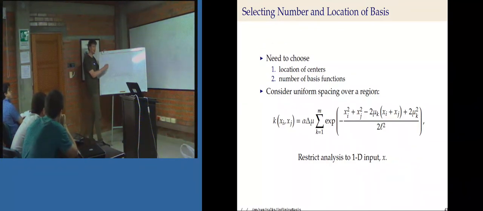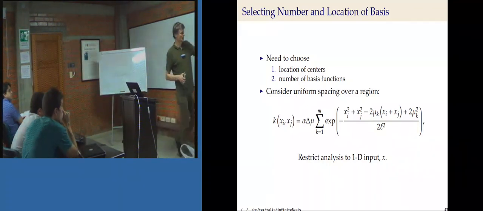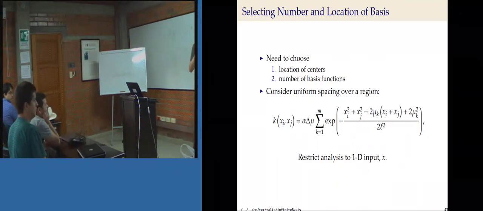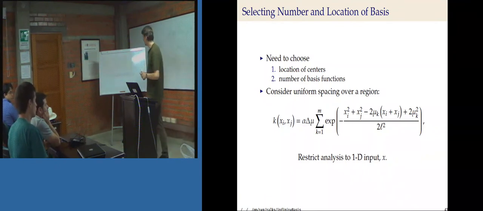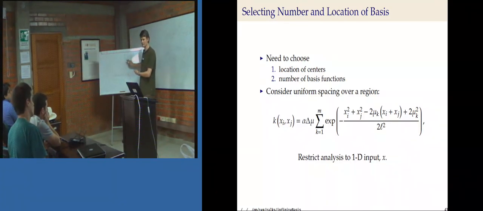Because once we've got the model in this form, we can take the limit as delta mu, the gap between the basis functions, goes to 0, and increase the number of basis functions. But we actually have to scale by delta mu at the front, because if we keep on adding basis functions, this effect here, which we saw the other way around for data points when we were looking at phi transpose phi, this thing scales with m.